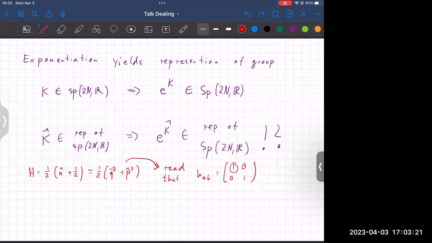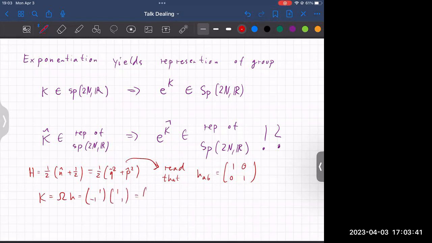Great. So therefore, K being equal to omega times H, we can construct the Lie algebra element, being equal to the matrix with entries -1, 1.